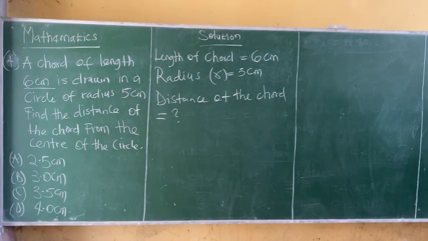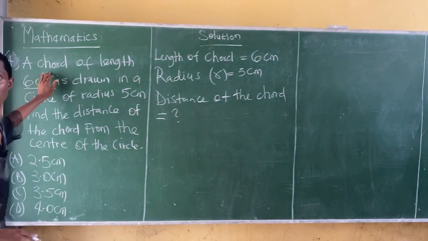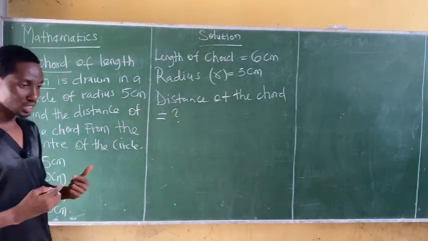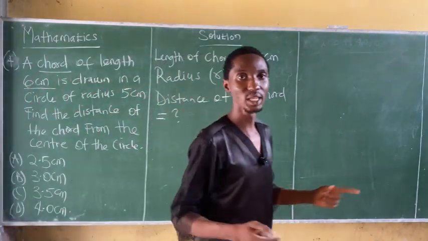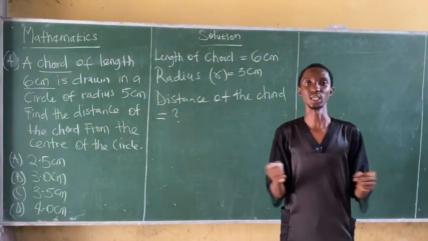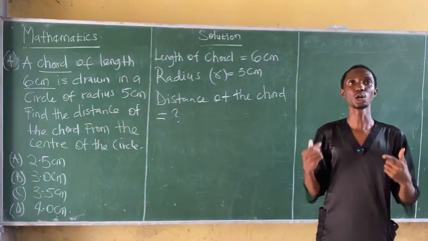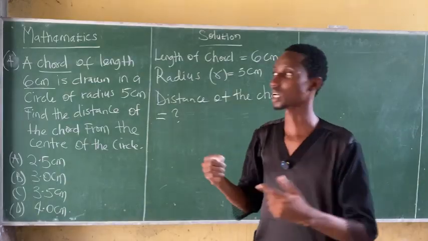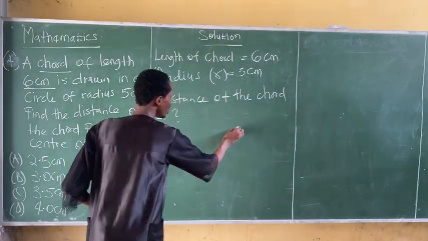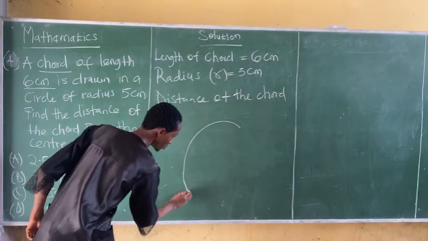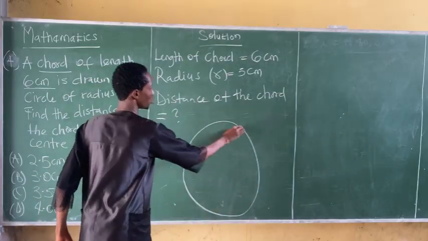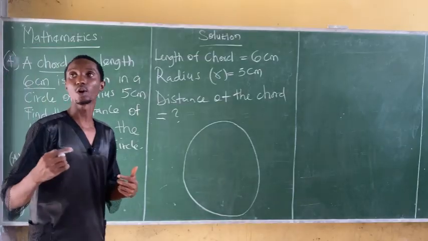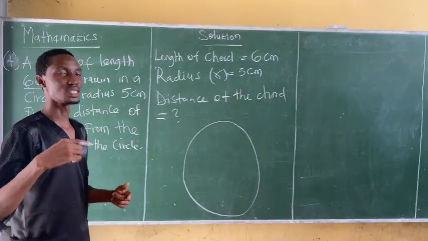Now let's understand what a chord is. What is a chord? A chord is any line that connects 2 points of a circumference. For example, this is a circle. I said a chord is a line that connects 2 points in the circumference of the what?